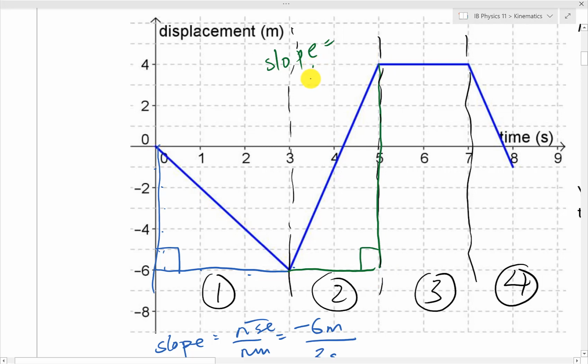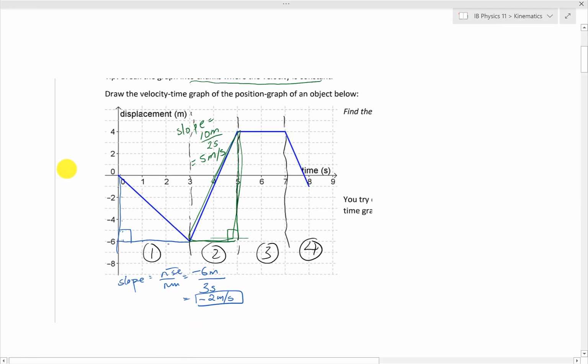Our rise is a whopping 10 meters over 1, 2 seconds. So careful, it's the run of the triangle. Don't use the whole 5 seconds. That's incorrect, okay? Just the right triangle that you're dealing with. That gives us 5 meters per second, okay? So we got our 2 velocities.